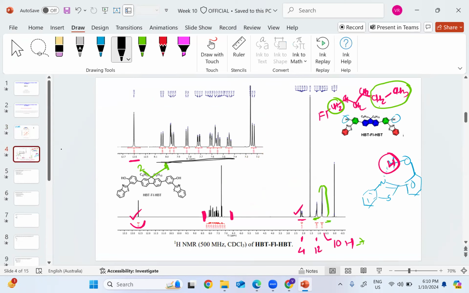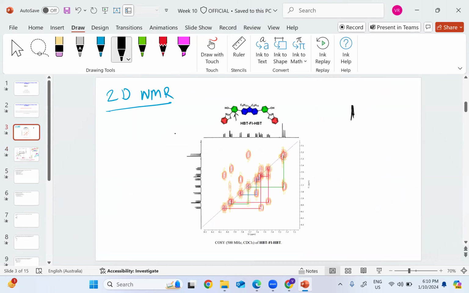If you zoom here, this signal at about 7.96 is due to this hydrogen, which is weakly coupled with this hydrogen at meta. That's why I assigned that signal as the hydrogen of this phenyl, right? And later I just checked the coupling.